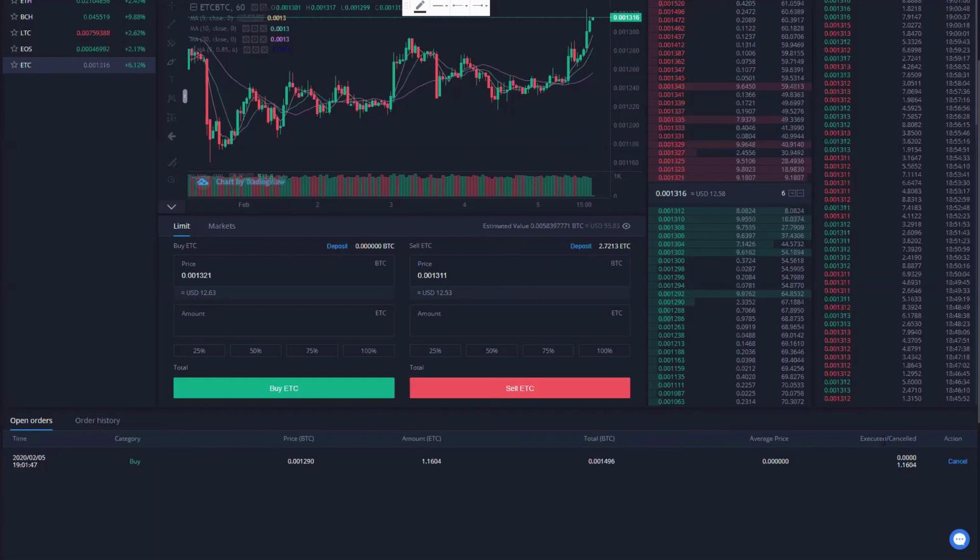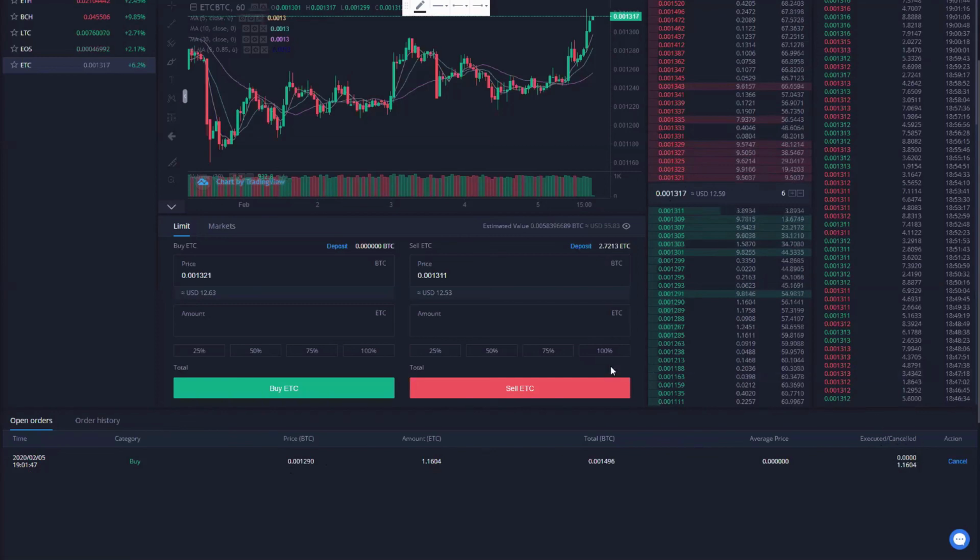So this status is open and it's going to wait till the price actually hits my set price, which is 0.00129. Currently the price is at 0.0013 and it's not up to my quote, so it's going to stay in my list of open orders till that price is set as an onboard price, and then that is when my order will be fulfilled.